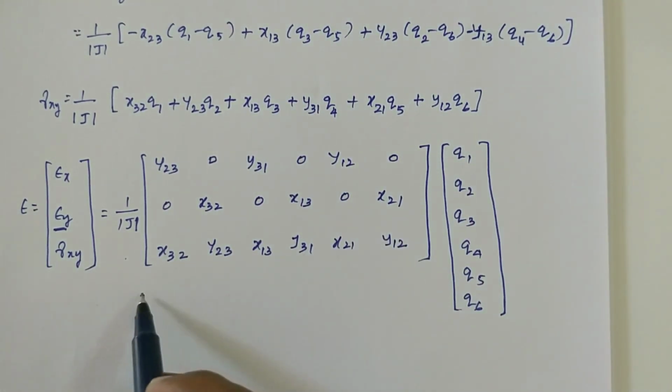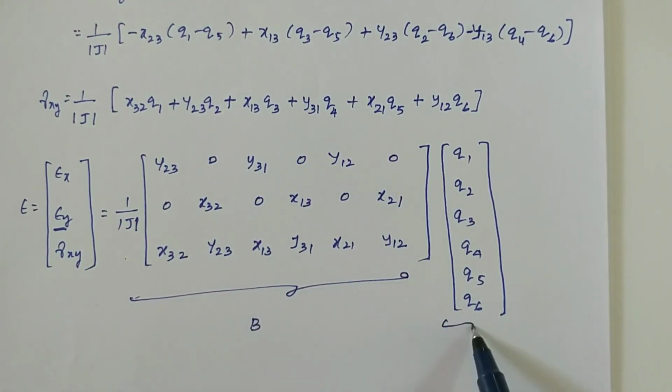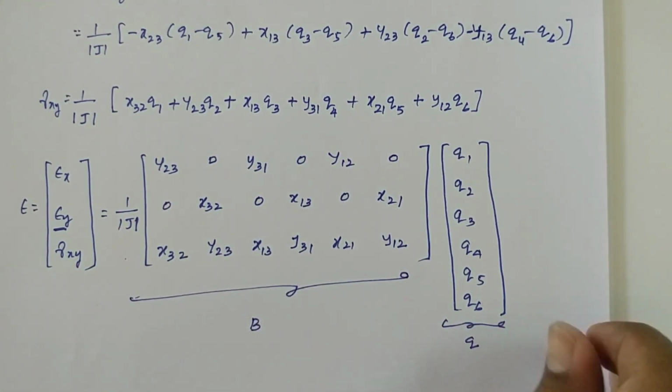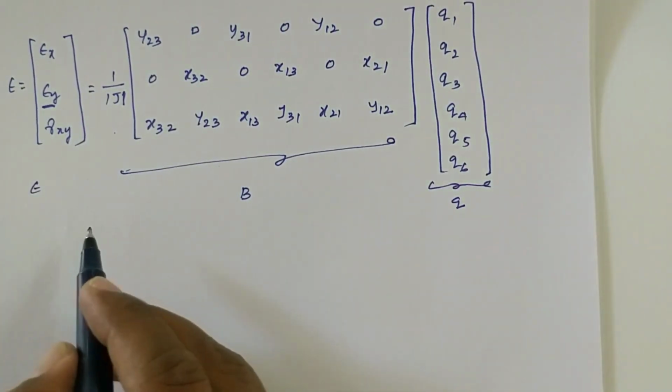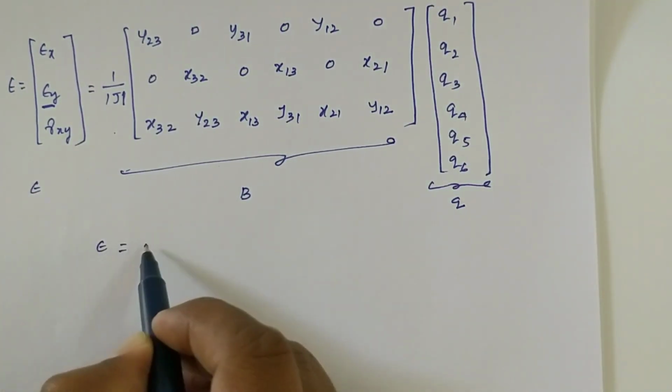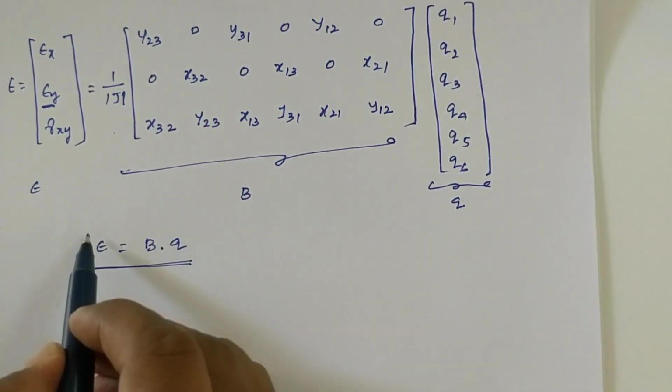Now this entire matrix is the B matrix, this is the Q matrix, and this is the strain matrix. So epsilon is equal to B into Q. This is the strain matrix.